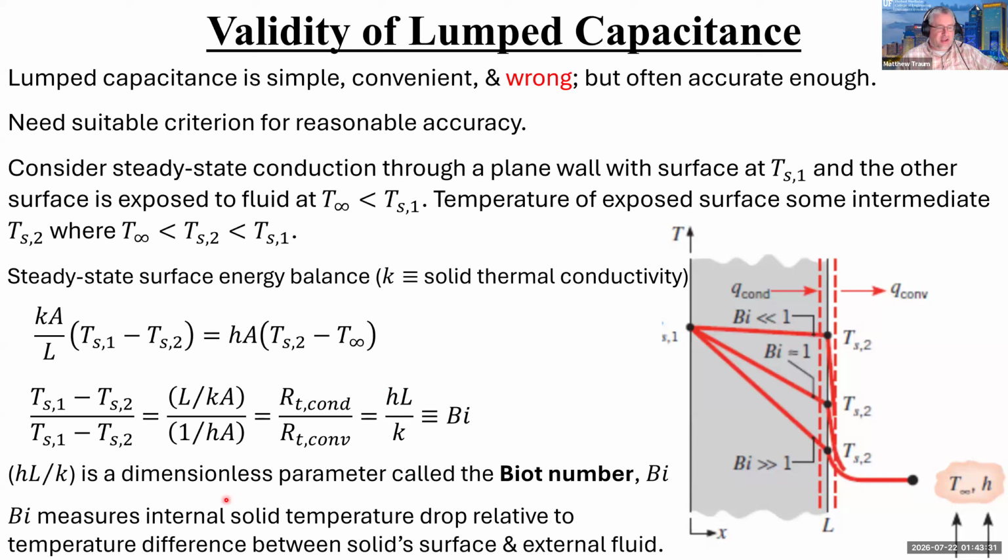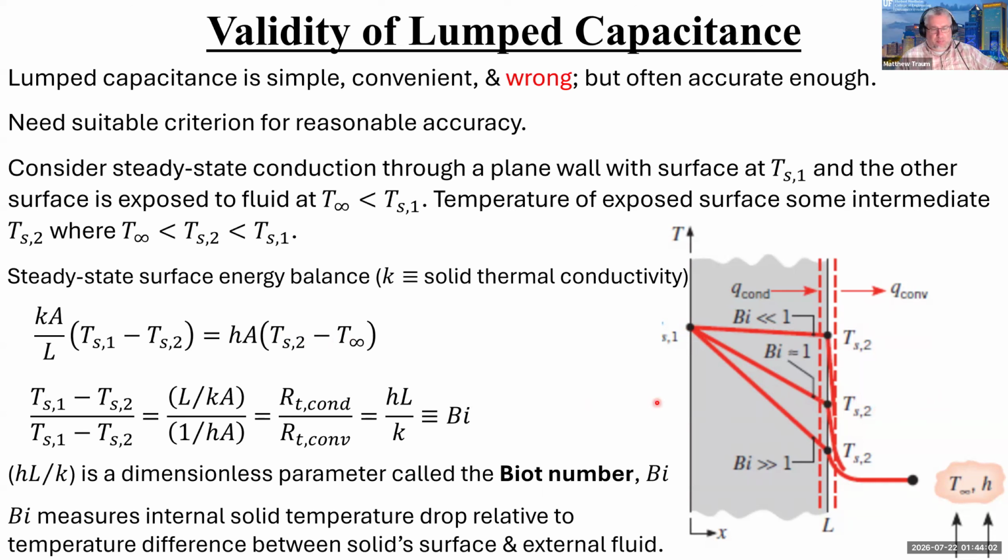It's basically just a ratio of temperatures. And notice what these temperatures actually mean. This temperature is representative of the internal temperature gradient from the internal wall of this solid to the external wall of this solid. If there's a big temperature gradient here, then you've definitely got a spatial temperature gradient that you have to worry about. This one is the temperature difference between the exposed wall and the ambient environment.